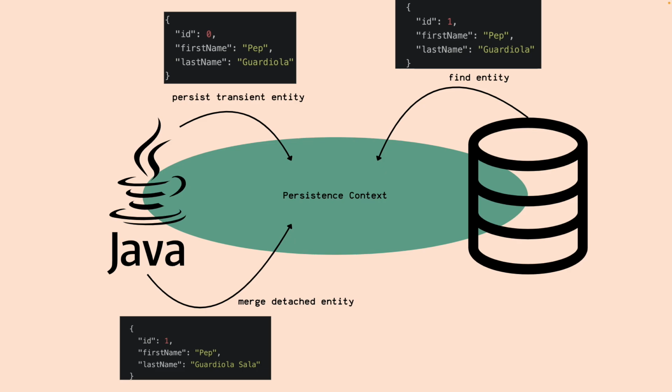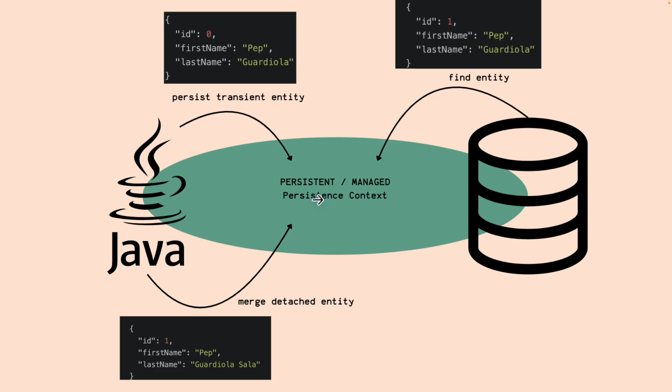And this is why this method is called merge, because it actually merges two states together. During the merge, Hibernate can also see what has actually changed in this entity. This process is called dirty checking. And we will see in the code later what this actually does.